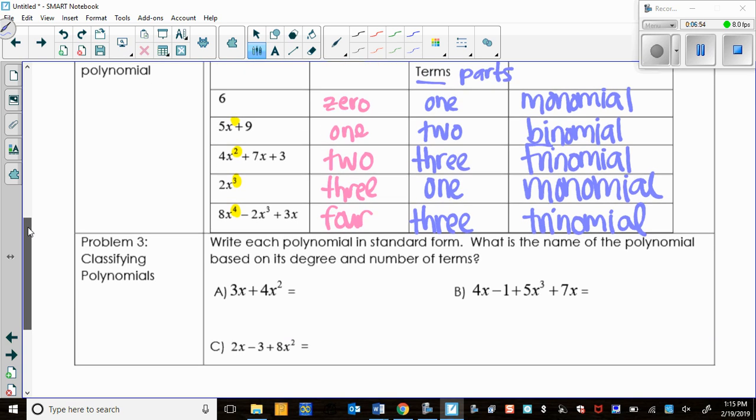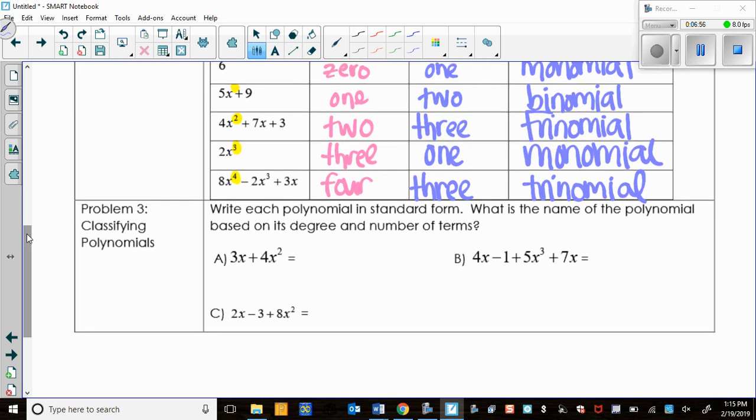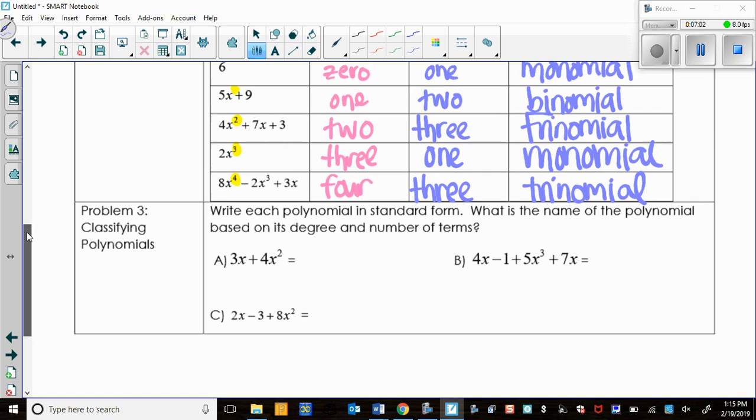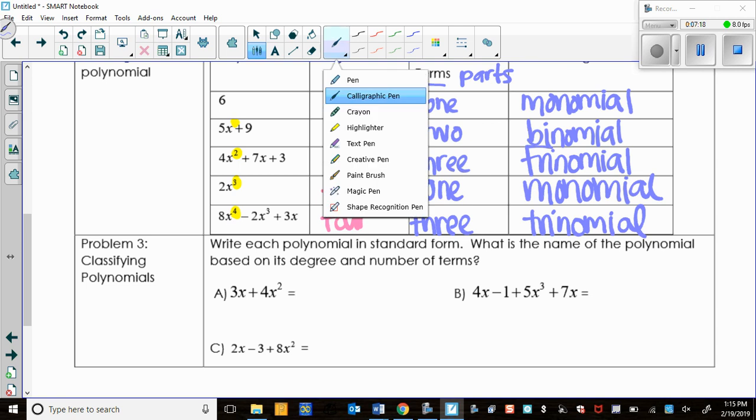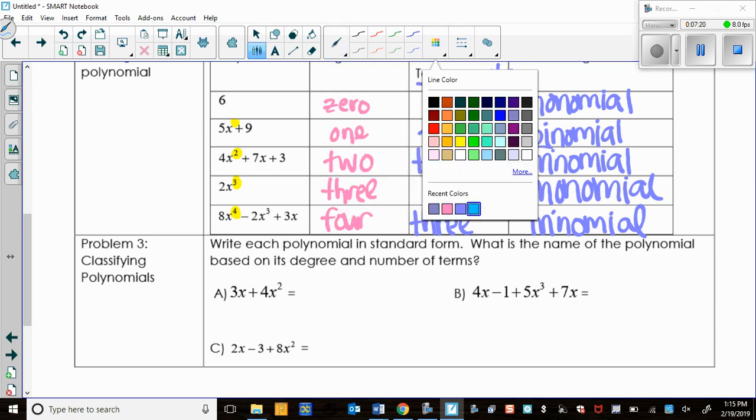So the last part of this video is going to be talking about how to write these answers in standard form. Remember, standard form is having the highest degree come first, then it slowly decreases. For this one, all of these are in standard form because you have the highest degree first and then it descends. So for the letter A, I'm going to go ahead and write that in standard form.